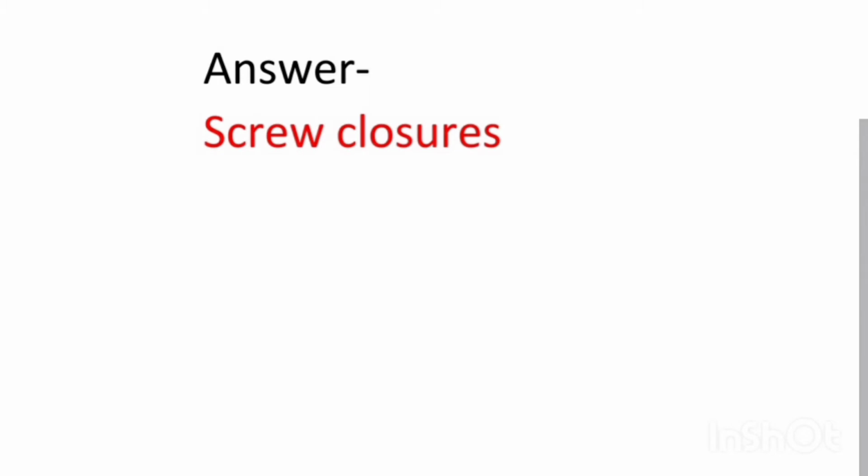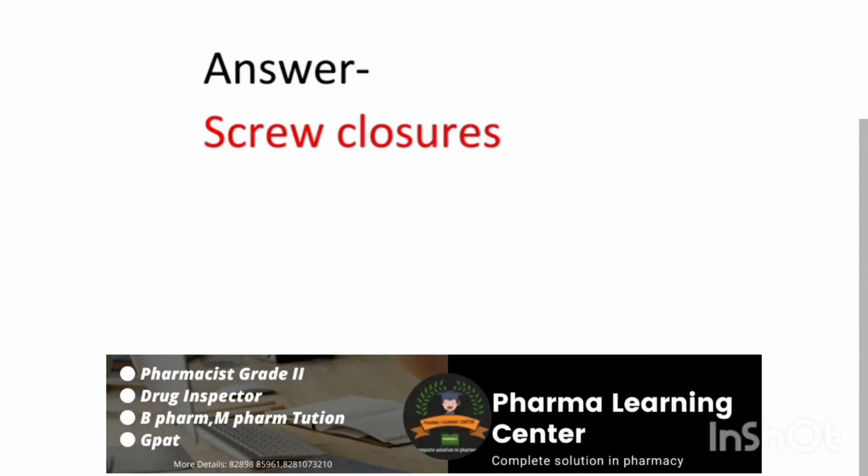Examples of screw type closures include the closures of bottles of syrup solutions. An example of the plug type closure is the closure of vials; vial closures are mainly of plug type.